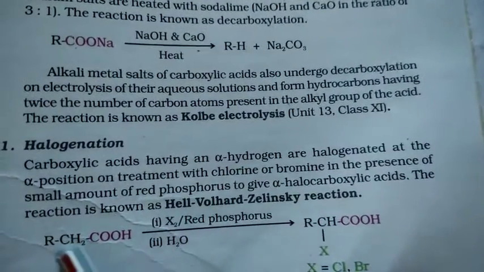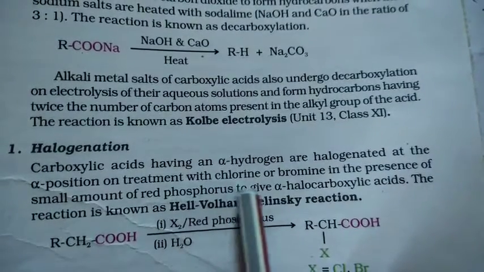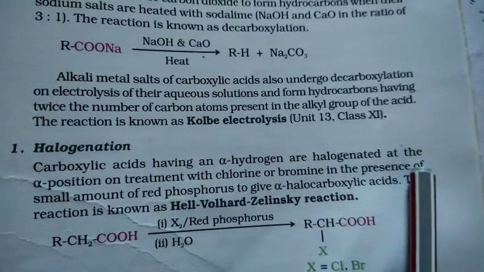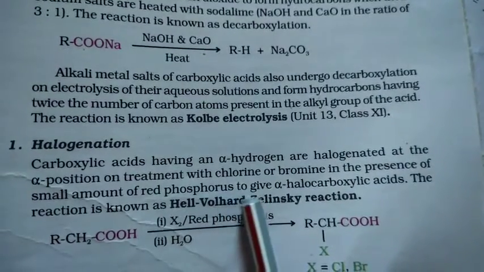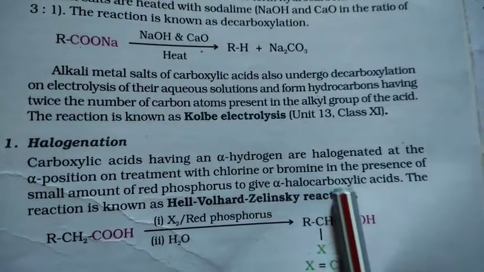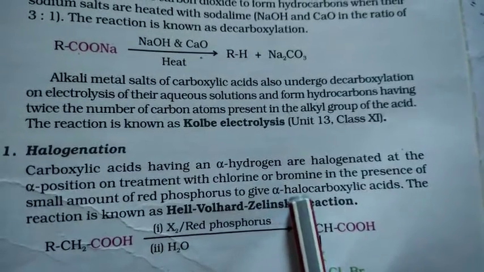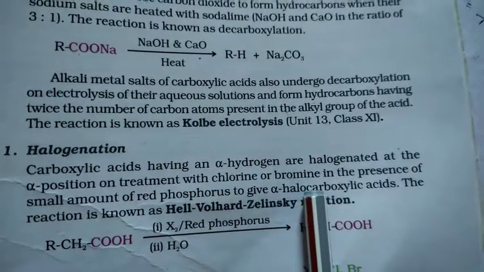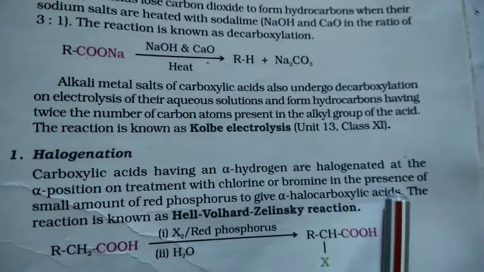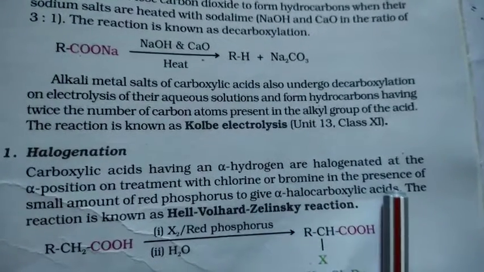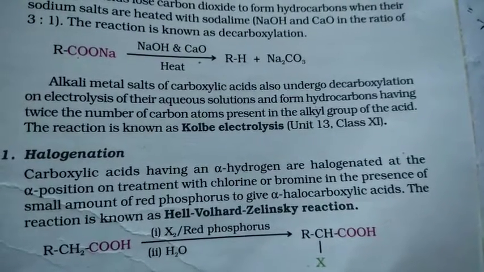They are halogenated at the alpha position on treatment with chlorine or bromine in the presence of a small amount of red phosphorus to give alpha-halocarboxylic acids. It means at the alpha position one halogen will be attached, and the compound remains in the form of a carboxylic acid. We are not converting the compound into an alcohol or ester.